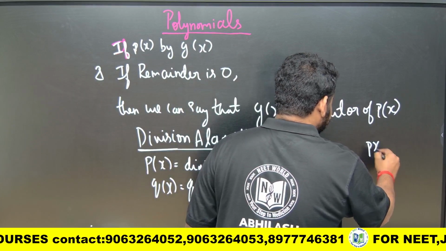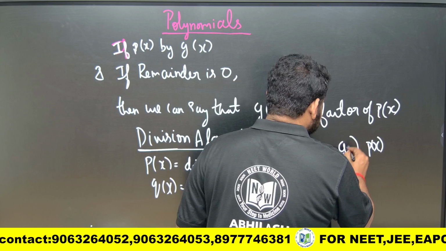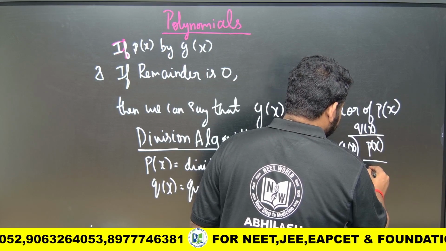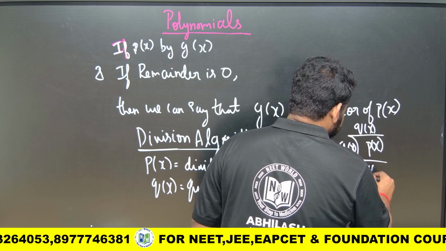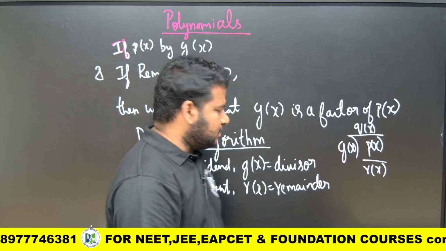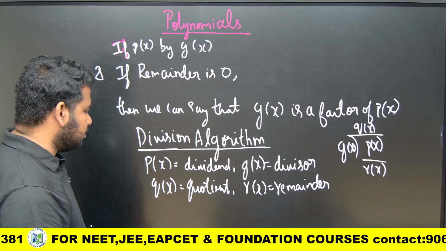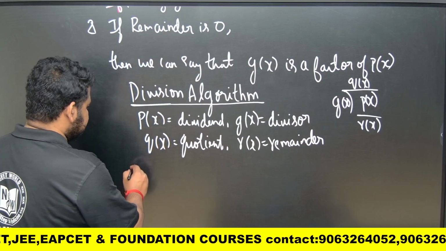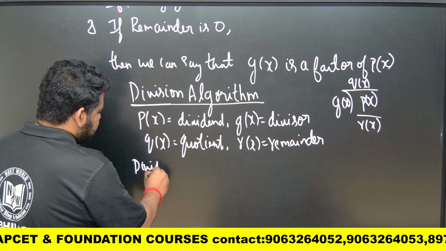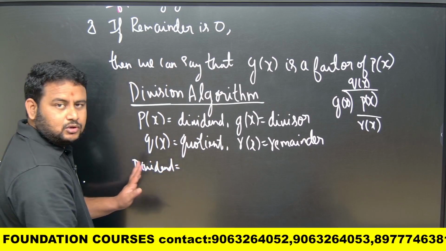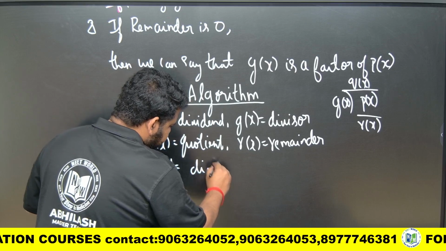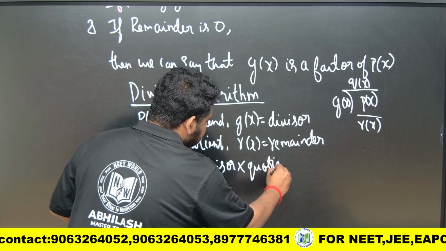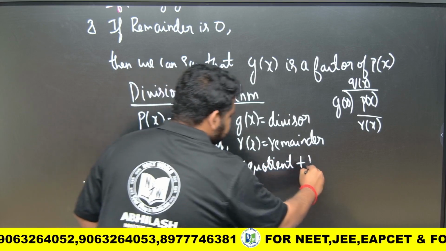If you divide p of x by g of x, you will get the quotient q of x and the remainder, which may be 0 or whatever, that is r of x. As per the division algorithm, this can be written as dividend is equal to divisor into quotient plus remainder.